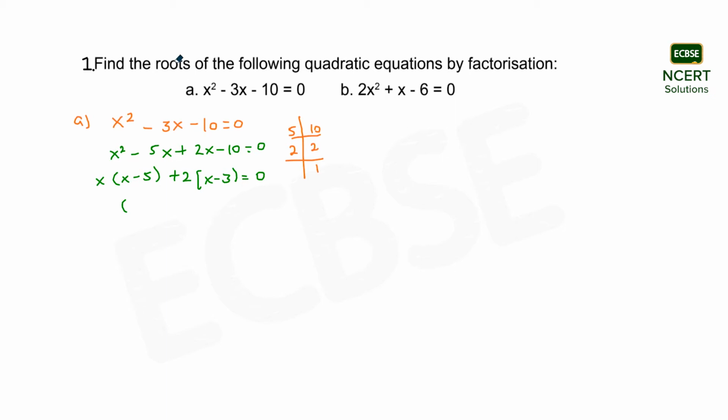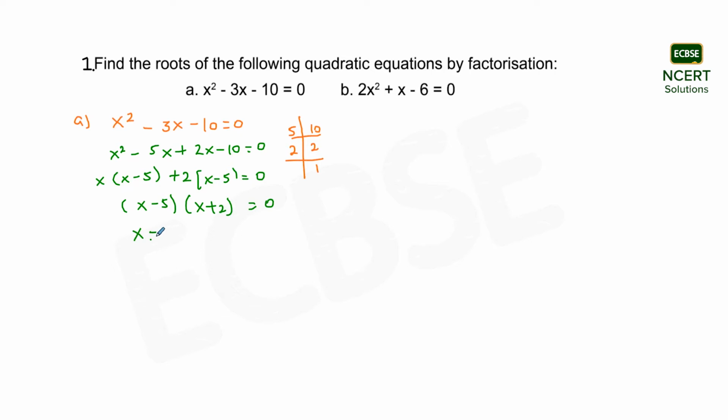It's x minus 5, as 2 into 5 is equal to 10. So I can write it as x minus 5 into x plus 2 equals 0, right? And as I know, the product of these two terms can be 0 only and only if either of the two terms is equal to 0. So I'll be equating each term individually equal to 0.